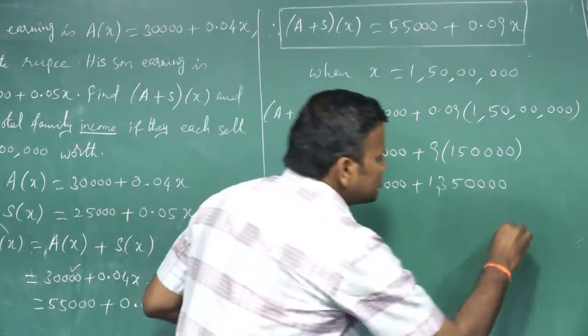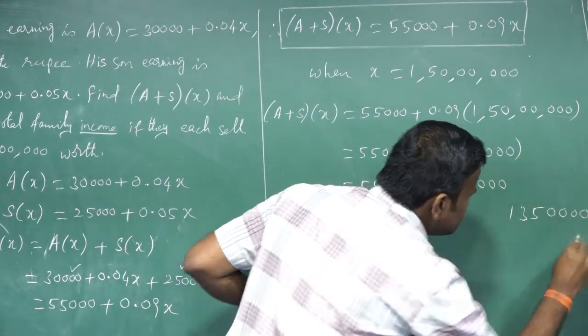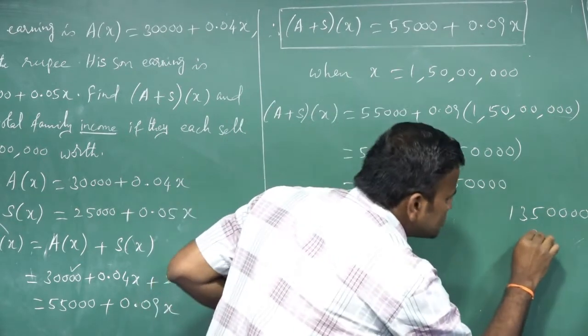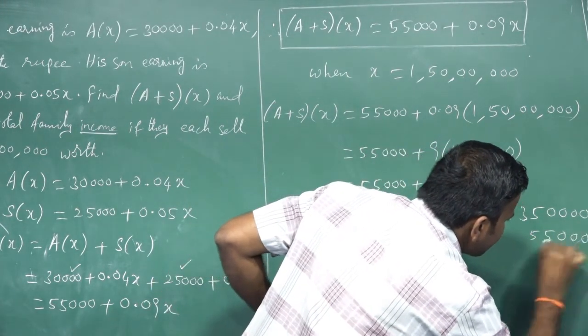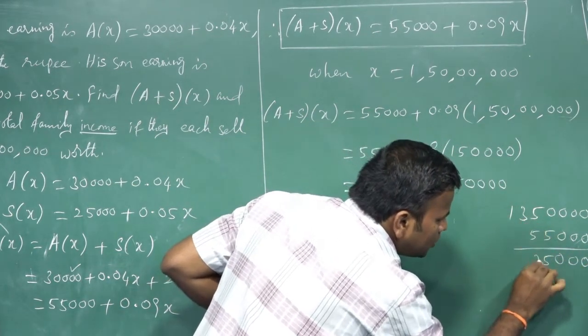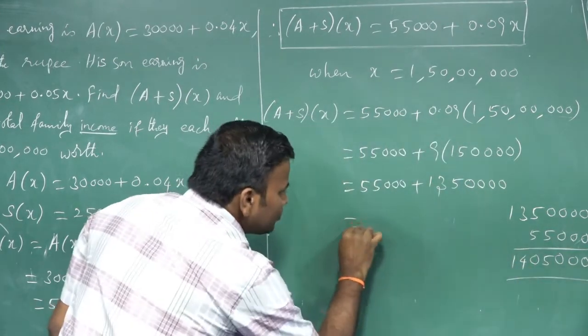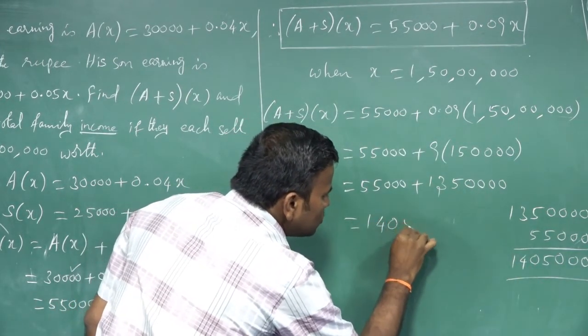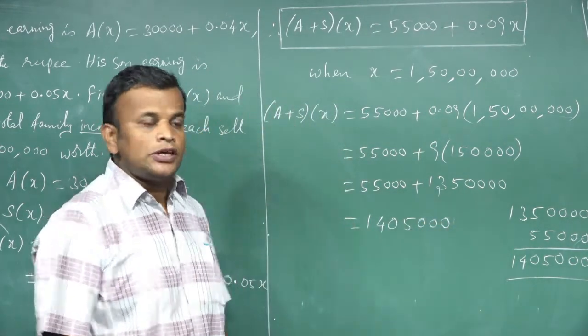So now we add 135,000 and 55,000. 0 0 0 5, 0 4 1. So 140,500. So in amount symbol, how to say?